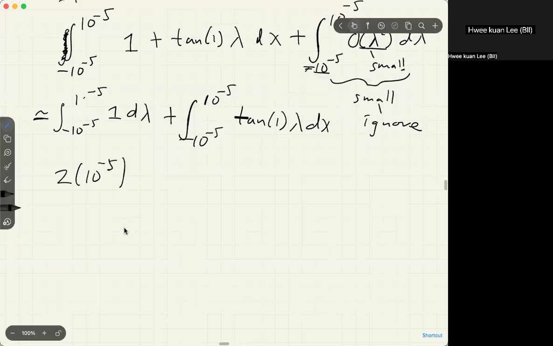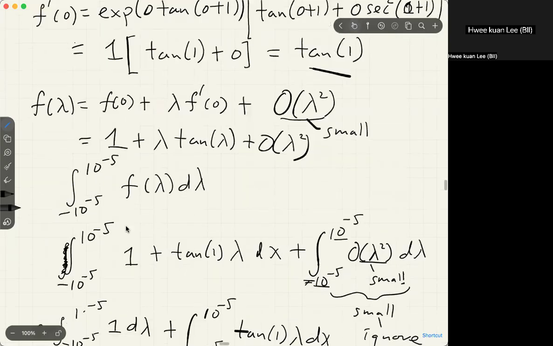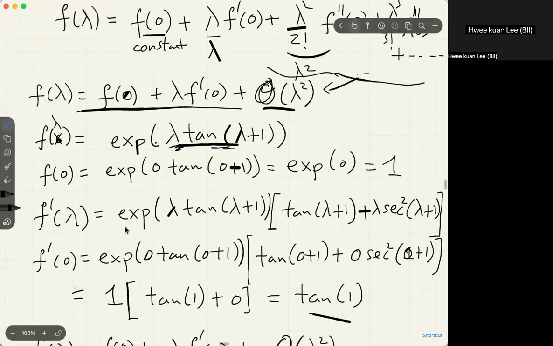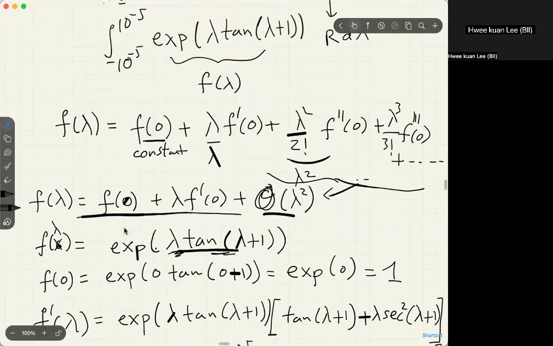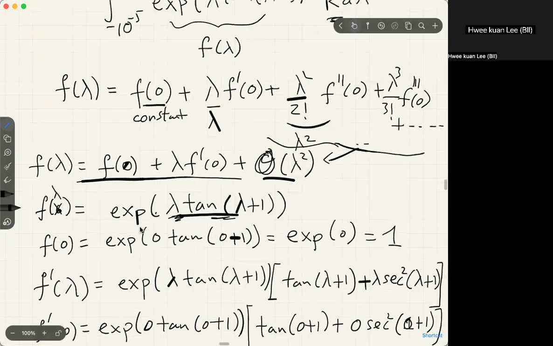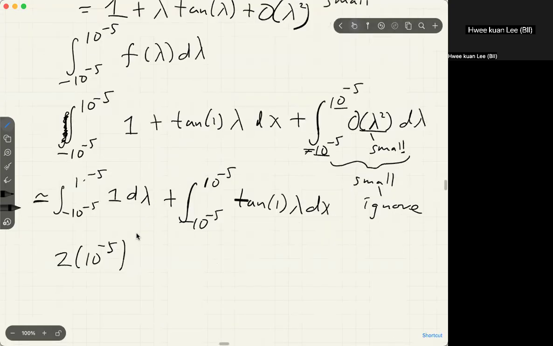Oh, wait, I missed something. Integral. Go back. There's R here. Take out R. Okay, take out R. Recall that R equals 10 to the 4.